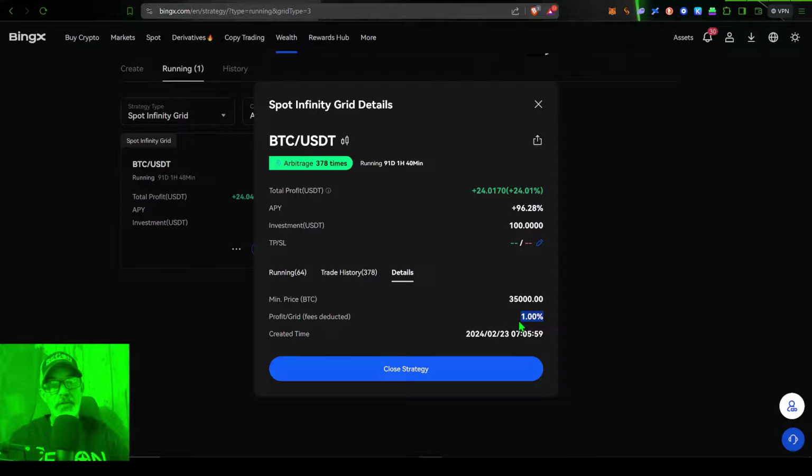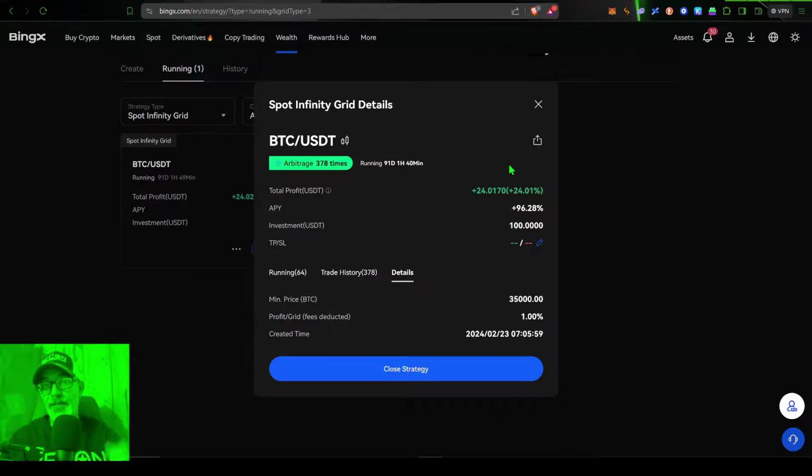But traditionally with grid bots, I'm looking for that choppy price action and getting in and out and basically accumulating profit. And again, you can see I deployed the bot back in February 2024. So it's been running for 91 days, 1 hour, 40 minutes. Right now the bot's up 24% in 90 days, which would be about 8% profit per month.